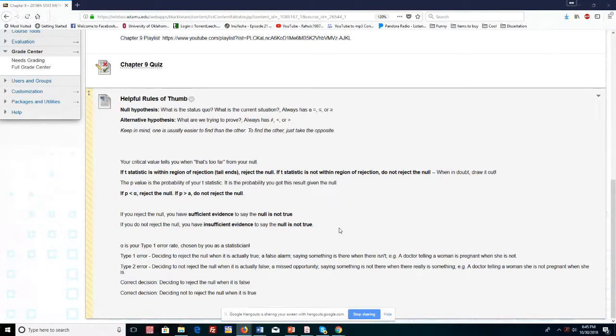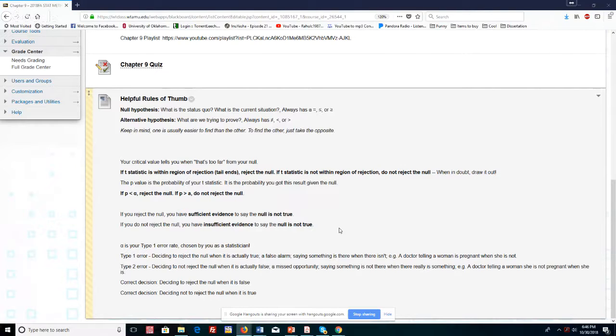Also keep in mind that your null hypothesis always has an equal sign, a less than or equal sign, or a greater than or equal sign, and only those three options. And then your alternative hypothesis is going to have a not equal to sign, a less than sign, or a greater than sign. Again, those are the only three options for the alternative hypothesis.